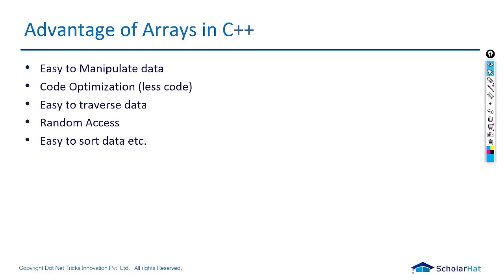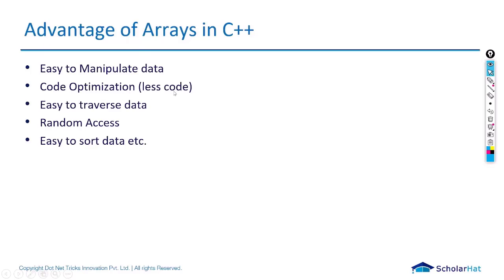What do all these points mean? We're going to study each one by one, and I'm going to take examples when we jump to VS Code. Easy to manipulate data means we can change the data. Whatever type we are taking, suppose integer, we can store multiple numbers of things in that array.